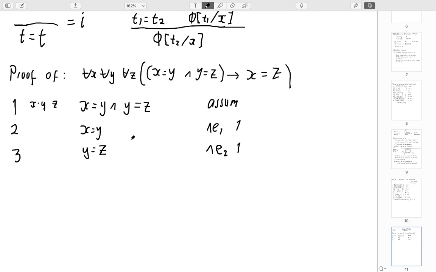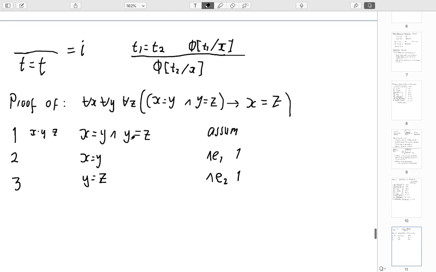Right, so we now want to apply the equality elimination rule to derive that x equals z.